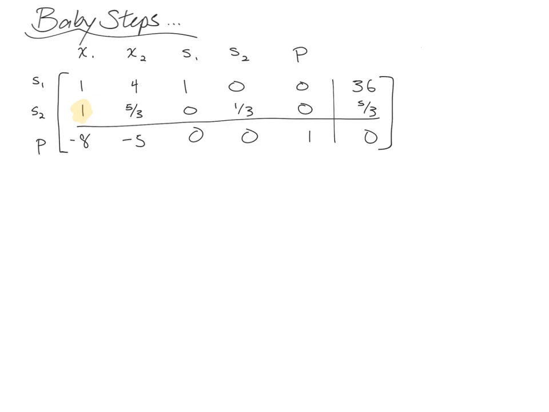So here we go. We can multiply, let's see, I guess it would be s sub 2. I'm using these labels over here as my row labels. So I would multiply s sub 2 times negative 1, add it to s sub 1, and we would replace s sub 1.